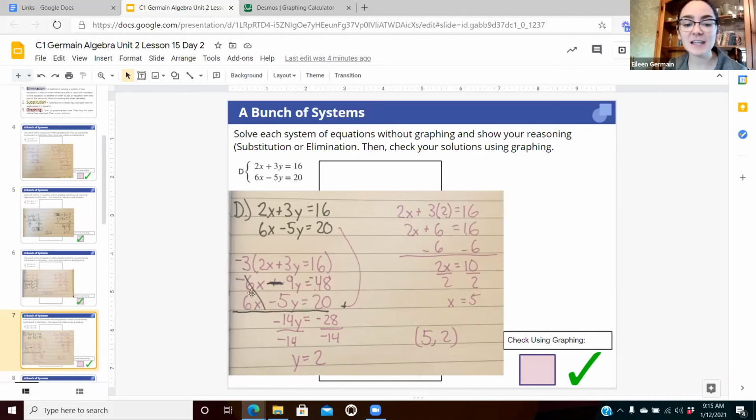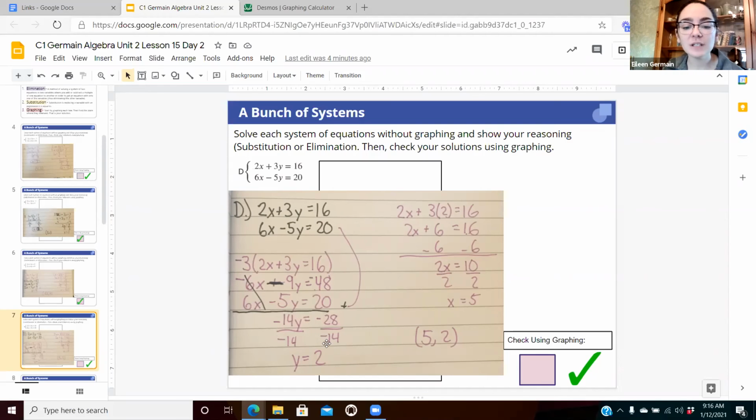My x's cancel out. 9y plus negative 5y gets me a negative 14y. Negative 48 plus 20 gets me negative 28. Okay. And then you want to make sure that this stays a negative 28 here, because that's going to really mess you up if you do a positive.